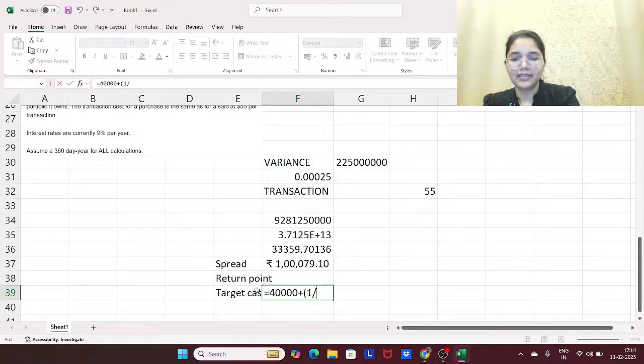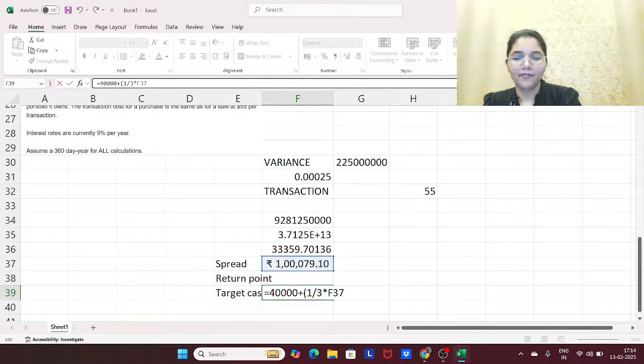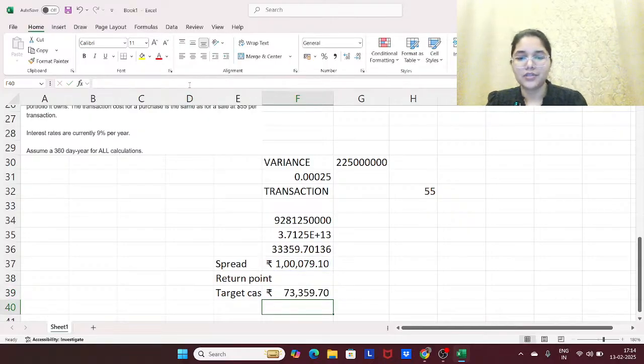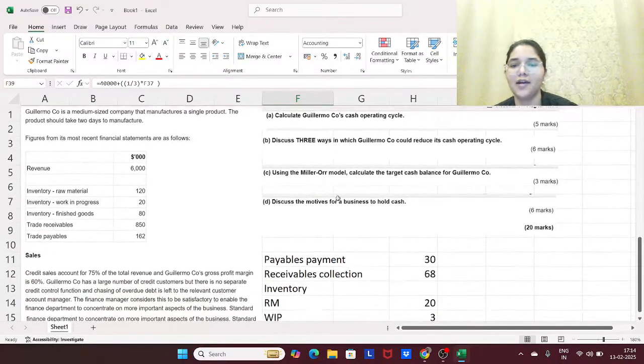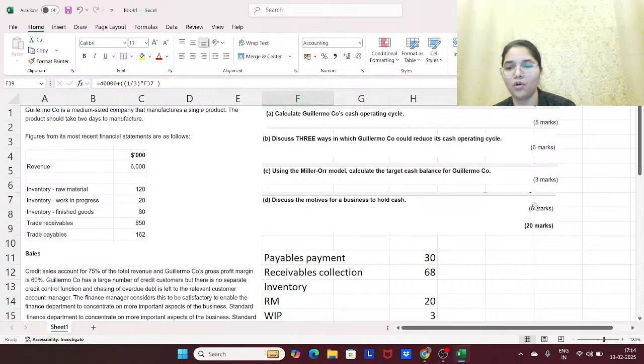So 1/3 multiplied by this, which was my spread. Again, I will close this into separate brackets so that Excel does not mix my calculations. Okay, so this is what you will get, roughly $73,360 as your target cash or your return point. Now with this, we are done with the 3 marker requirement also.